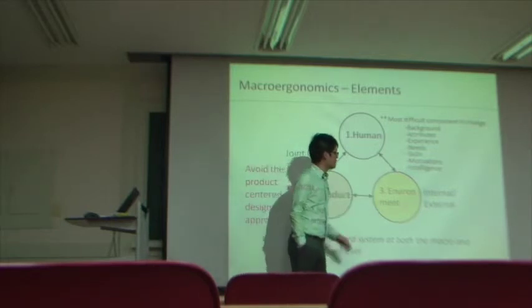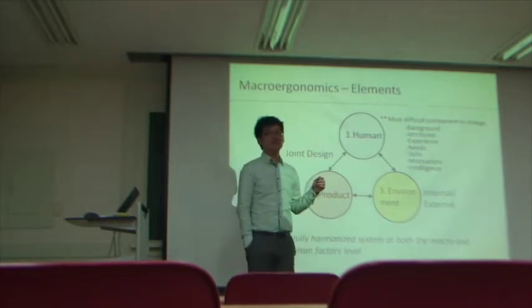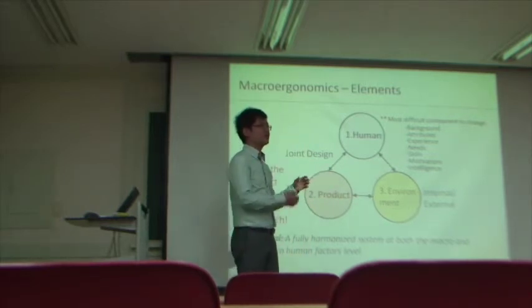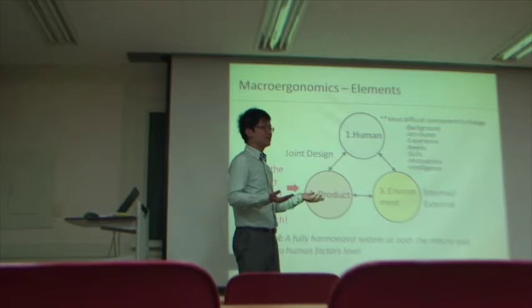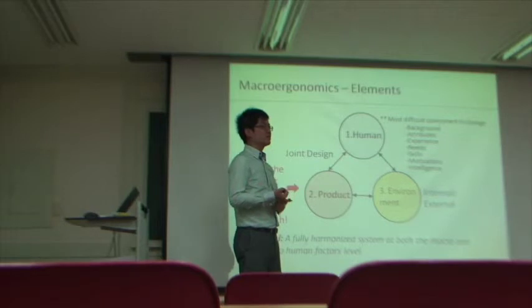And here, environments can refer to internal environment and external environment. An internal environment can be like humidity, temperature, and a lot of things associated with the environment. But when it refers to external environments, it can refer to corporate culture or corporate values.